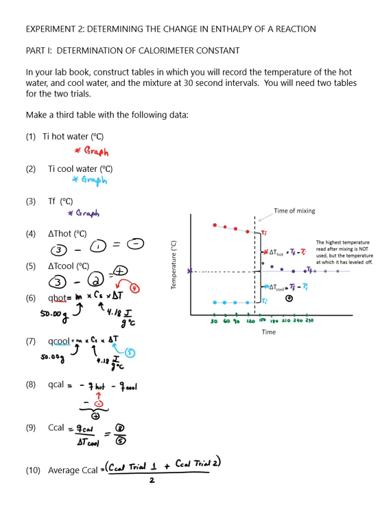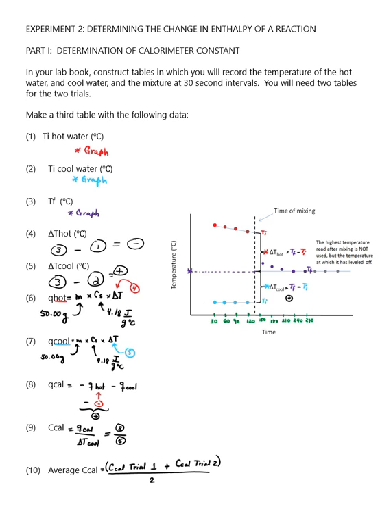The Cs is the specific heat capacity for water, which is 4.18 joules over grams times Celsius. And that is multiplied by the change in temperature, which is the number that you have in number 4, the change in temperature for the hot water, because you're calculating the heat that the hot water is losing.